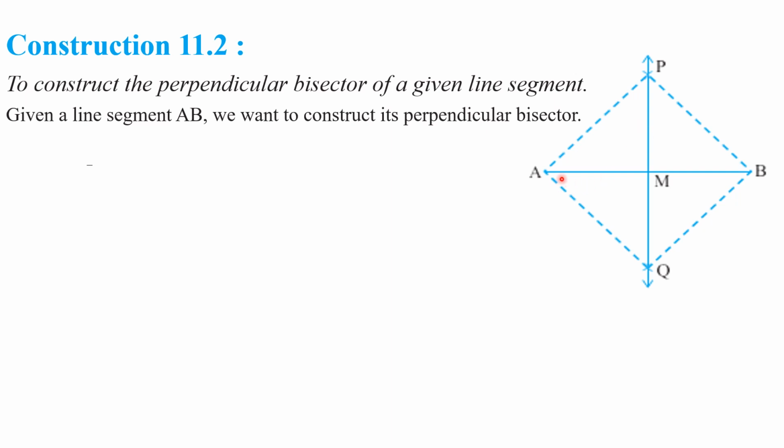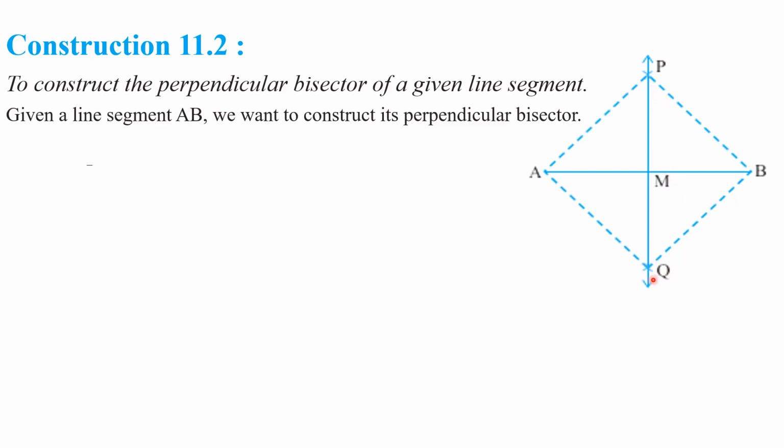We have to take the points A and B as centers, and a radius more than half of the line segment AB. Draw arcs on both sides of the line segment AB.